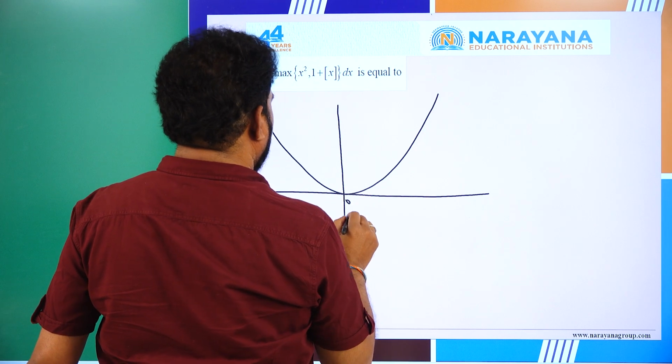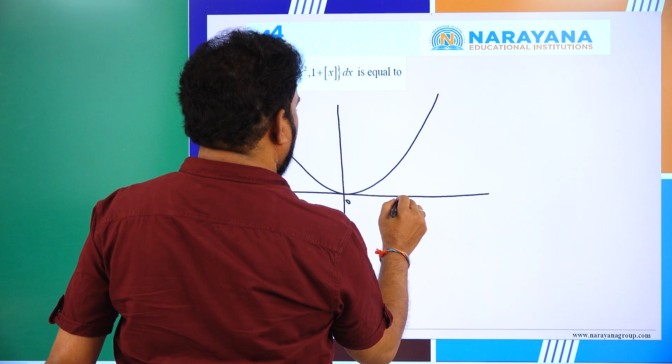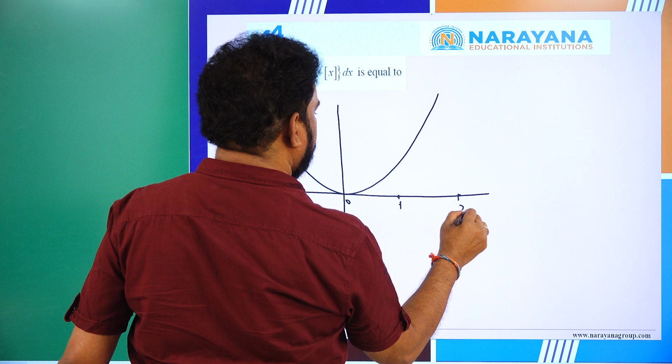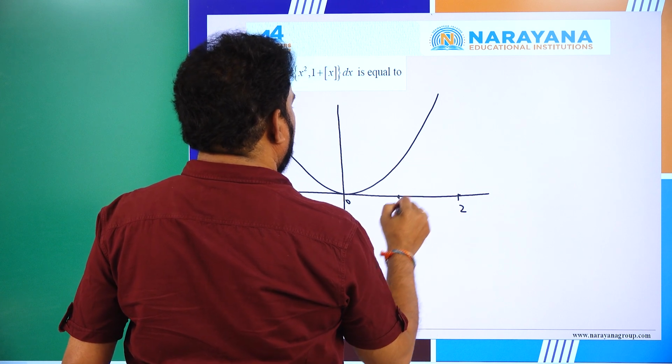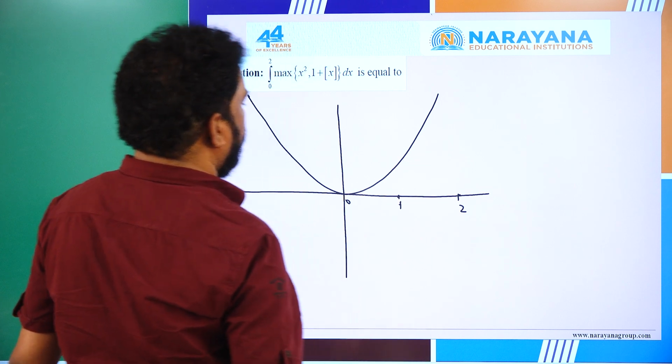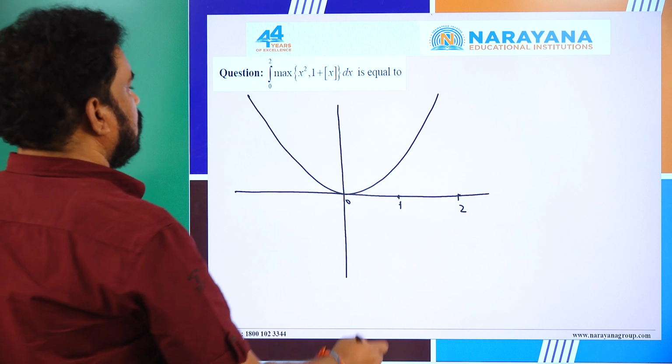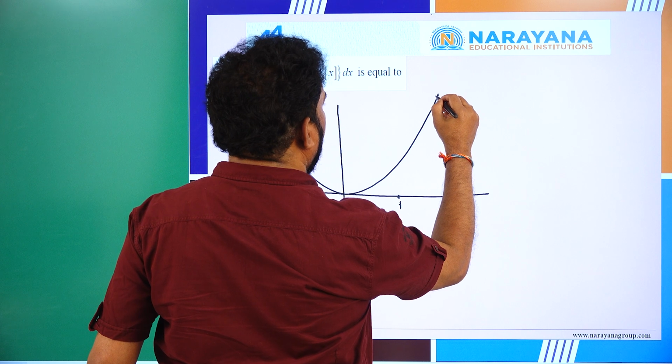This is 0, let us take this as 1 and this as 2. This is the graph of x square between 0 and 1, whereas at 2 it has the value 4.